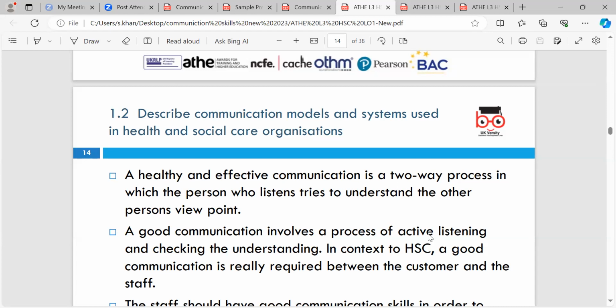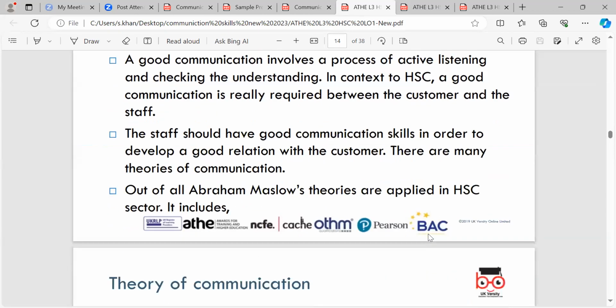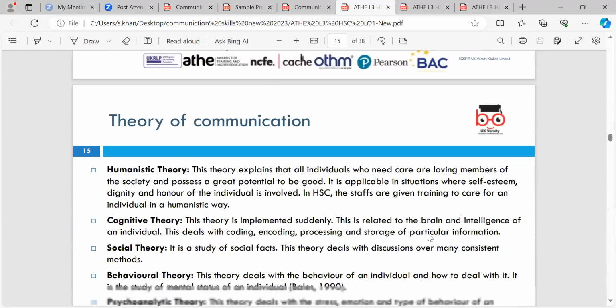Because it helps in different ways. Yeah, it's a two-way process, isn't it, between people listening and understanding your views as well.